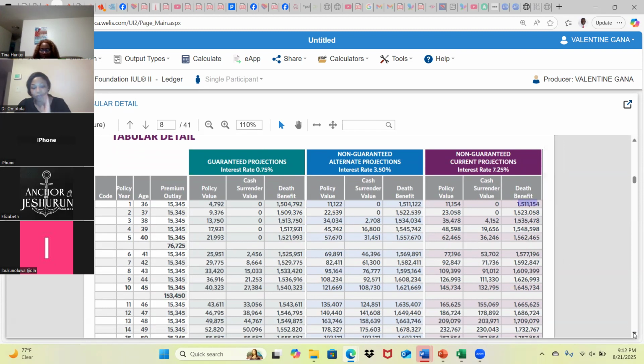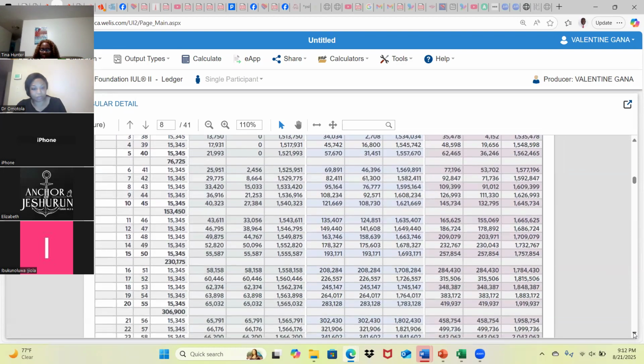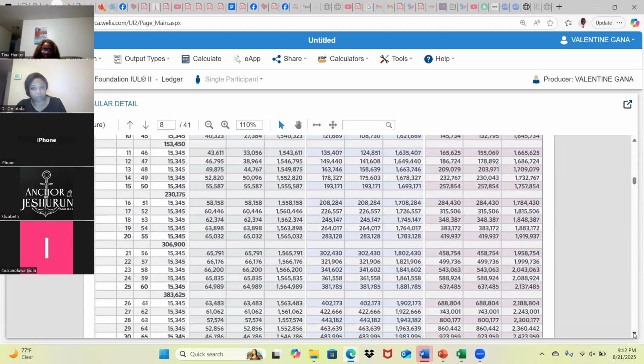Let's go to, say, year 25 of this policy. Year 25, right here, this individual is now 60. Okay, let's look at the cash that has built in the policy. This is the column for cash. Now they have a cash value of $637,000, and their death benefit is now over $2.1 million, okay?